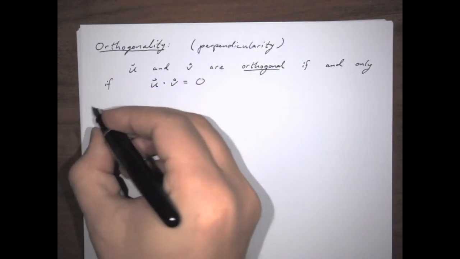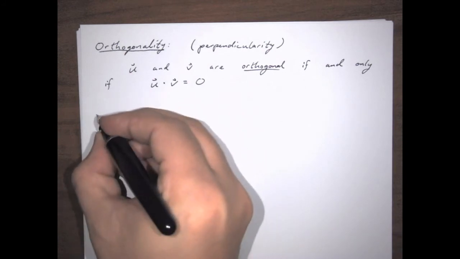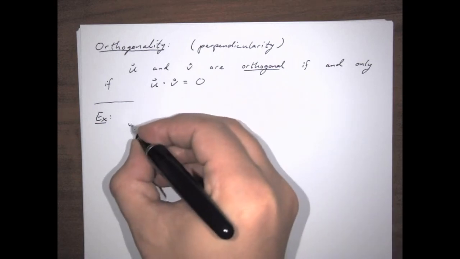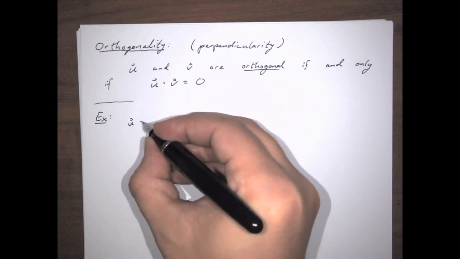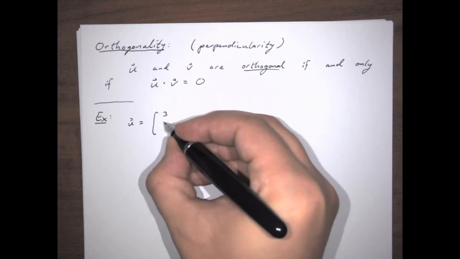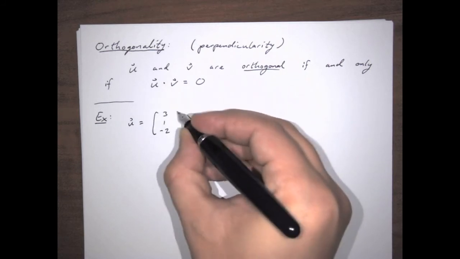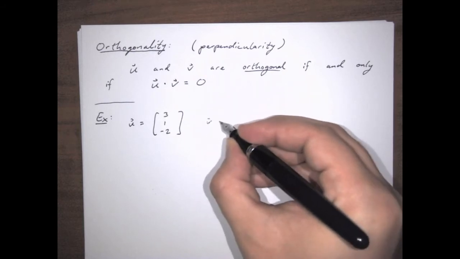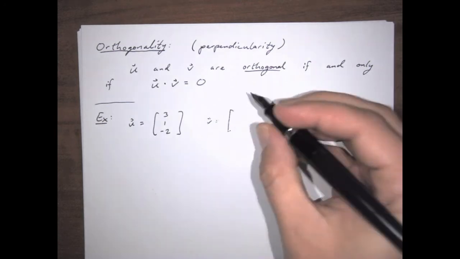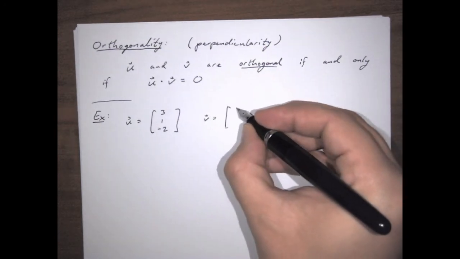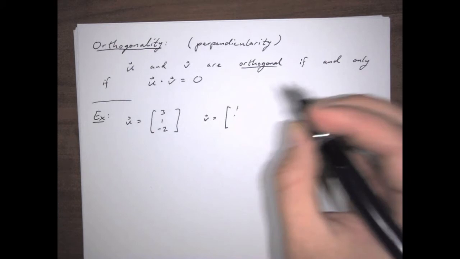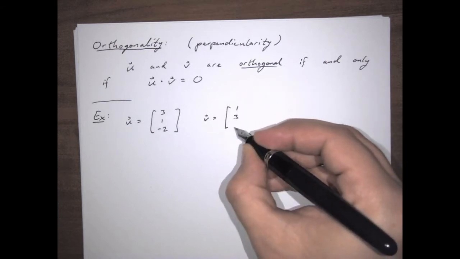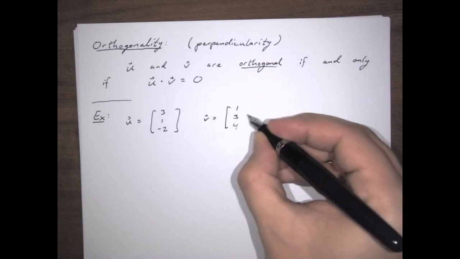Now, as an example, let's say we have u is equal to 3, 1, negative 2, and let's say that v is equal to 1, 3, and 4.